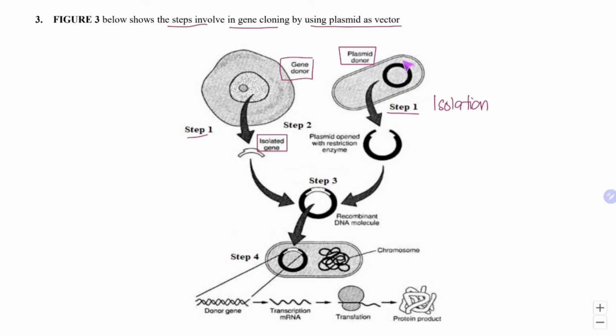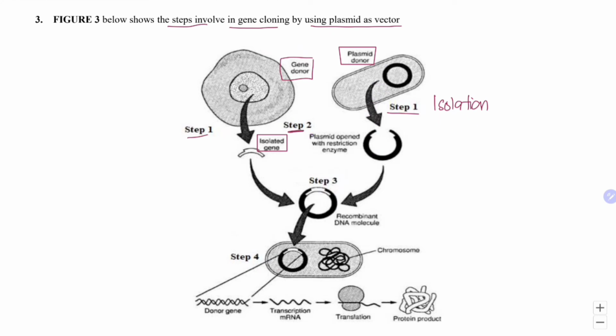Plasmid mesti disimpan dalam bakteria. Sebab bakteria sahaja yang boleh maintain the structure of plasmid. So, bila kita nak guna plasmid sebagai DNA cloning vector, kita kena keluarkan plasmid tersebut daripada sel yang mengandungi plasmid tersebut dahulu. So, that's why ini pun sebahagian daripada step in gene cloning, iaitu semasa isolation.